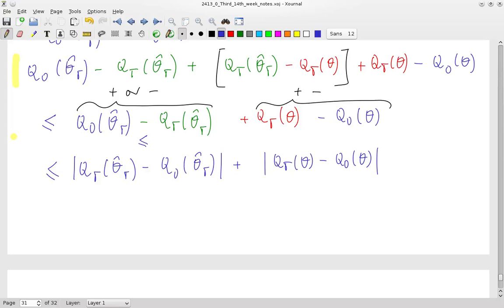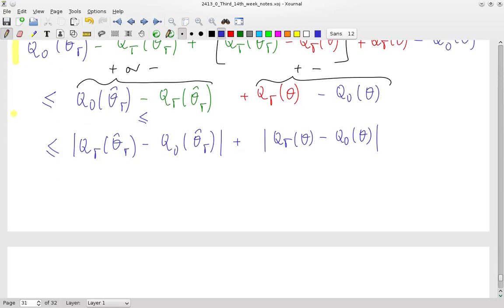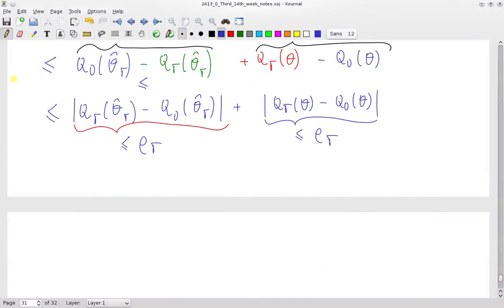Okay. But now compare these two absolute terms that we have here. Now, both terms will be less than or equal to rho t. That holds true for both. Remember how rho t was defined.